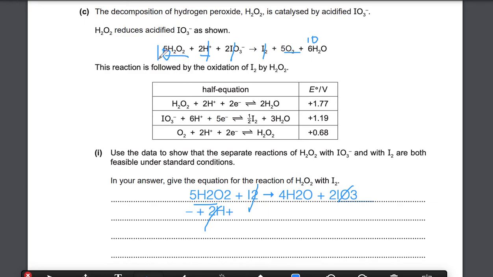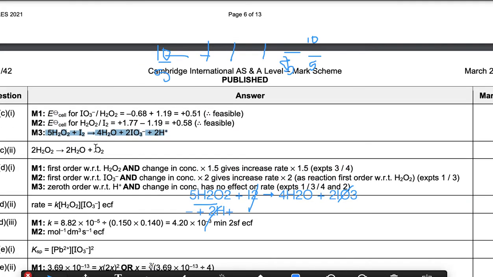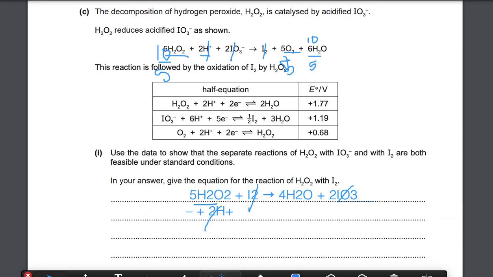So we divide the whole equation by 5, and this is divided by 5 as well, so it becomes 2H2O2 gives us 1 O2 plus 2H2O. Okay, and that's the final equation. So it's 2H2O, 2H2O, and 1 O2.